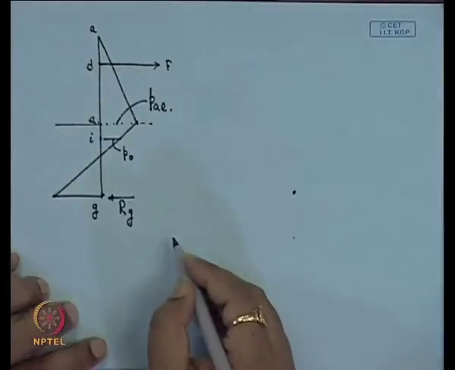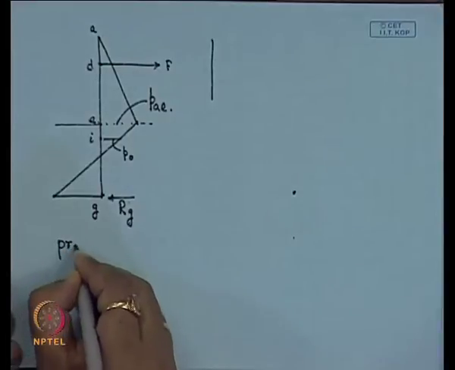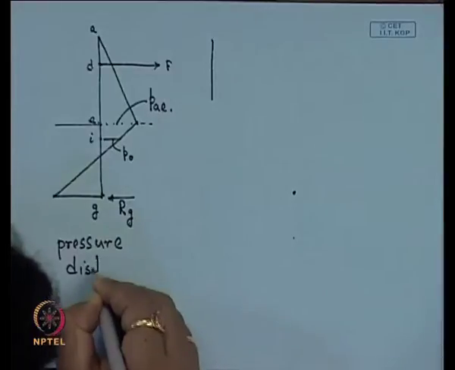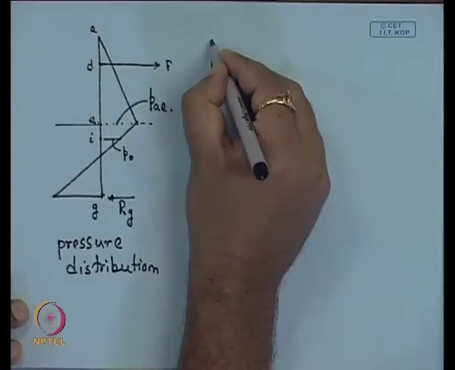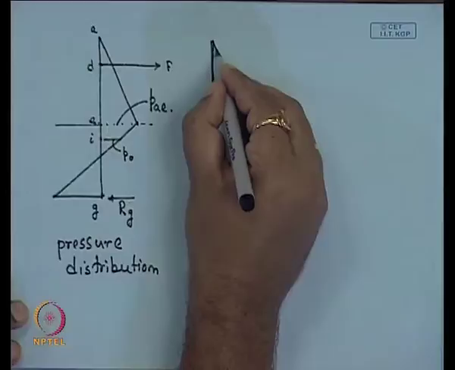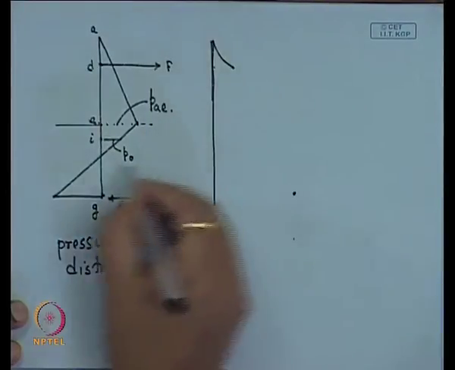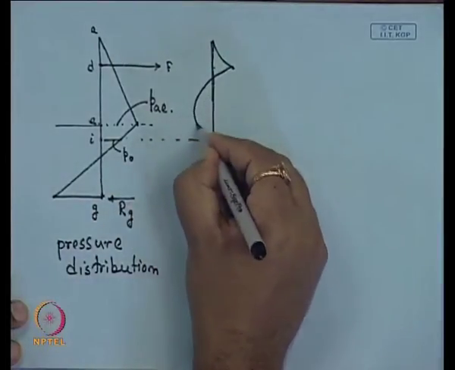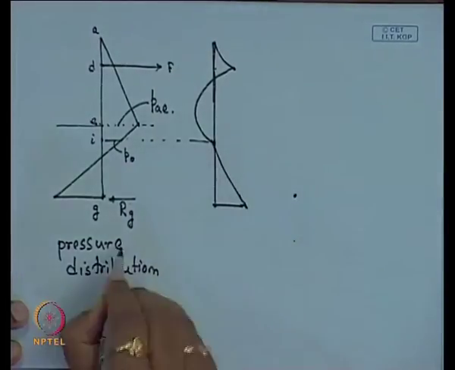Now, for this one, this is the pressure distribution. If I draw the bending moment diagram of this total portion, at D level it will follow, at the I point, the point of contraflexure, it is 0, then at the G point it is maximum.